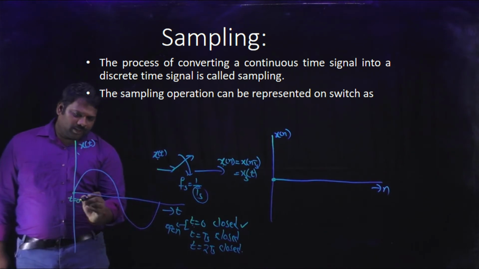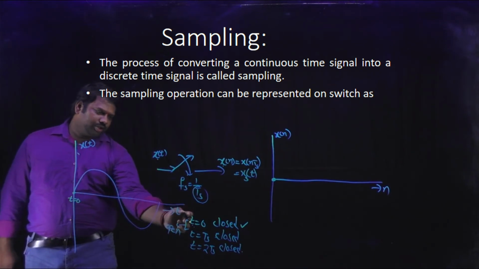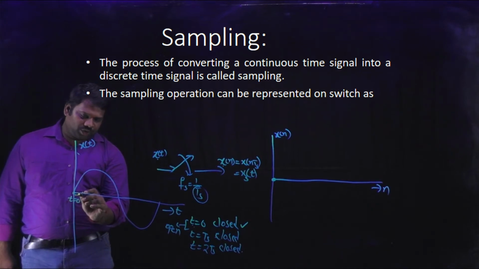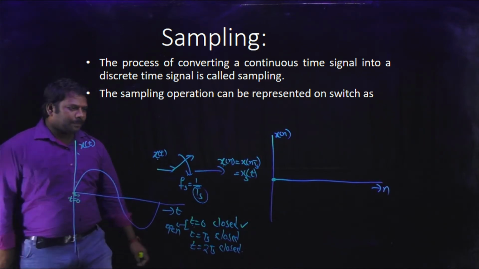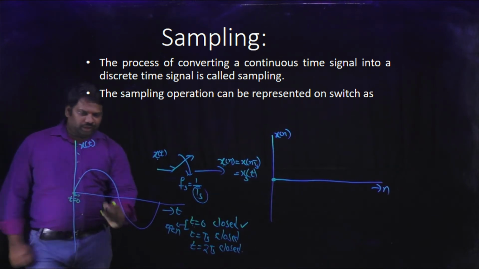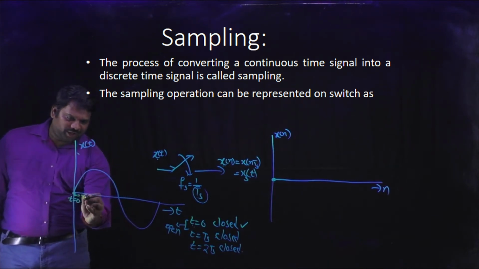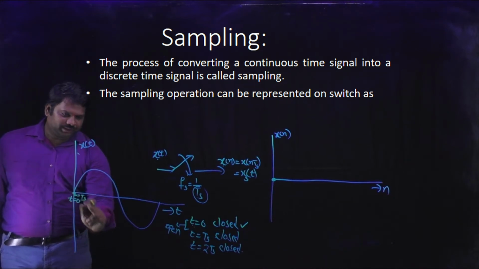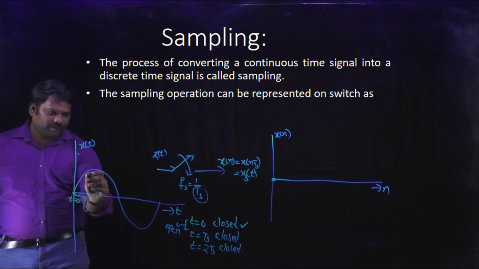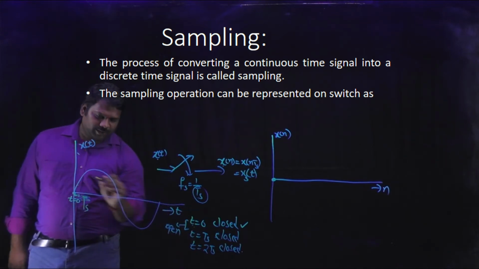Next, after t equal to 0, the switch will be open. That means it will not pick up values for a particular duration. After it encounters t equal to Ts, the switch will be closed.